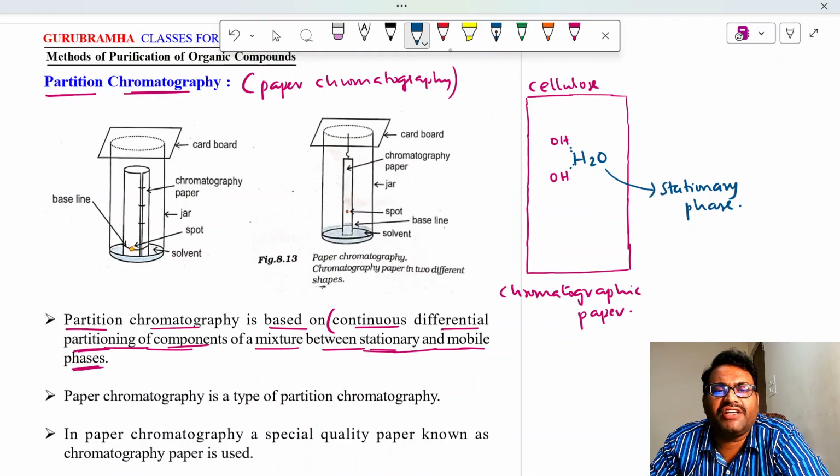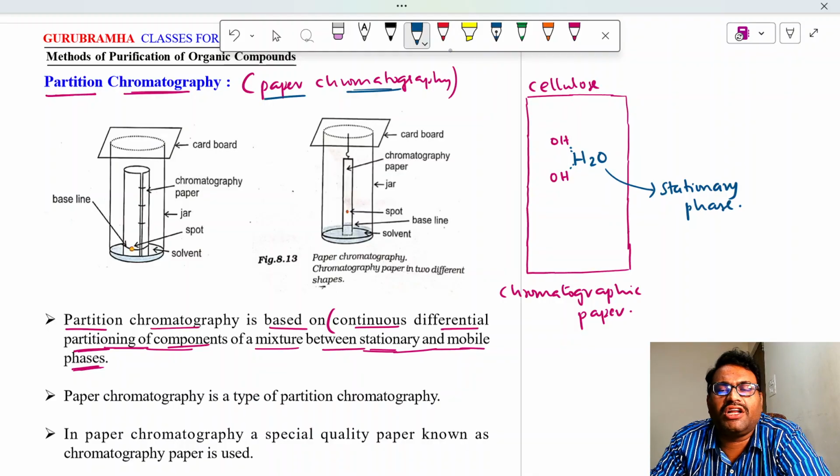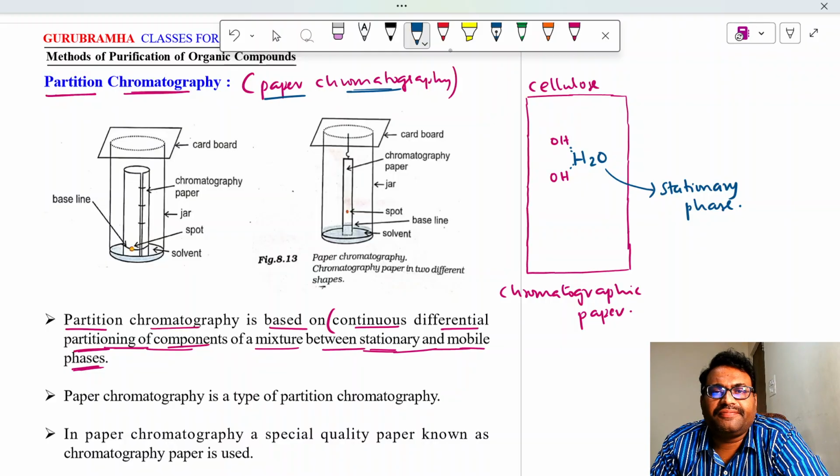So the stationary phase in paper chromatography is not the paper. We may get confused that the stationary phase is the solid paper. No. The stationary phase is liquid water.